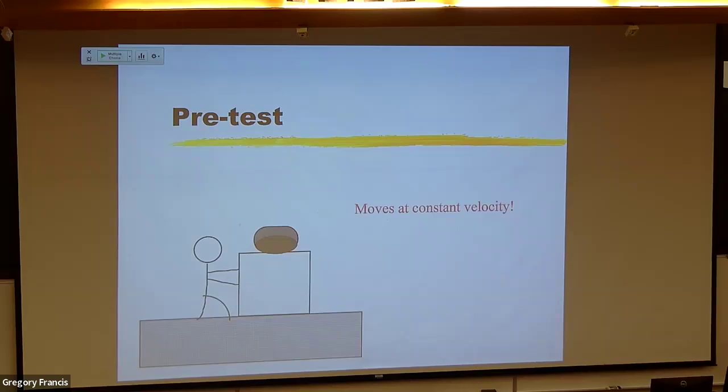There's only one side to this pretest. Don't turn the page over. We're gonna do that problem on the back later in the lecture. All right, let's start.